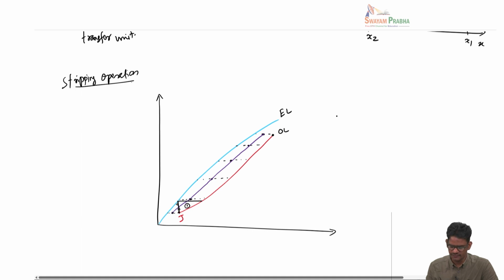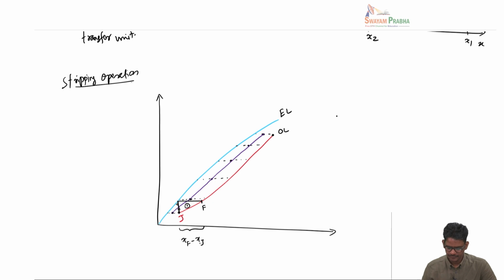And here this is the first unit. So let's say this point is F. So xf minus xj is the change in the composition in the liquid phase in one transfer unit.